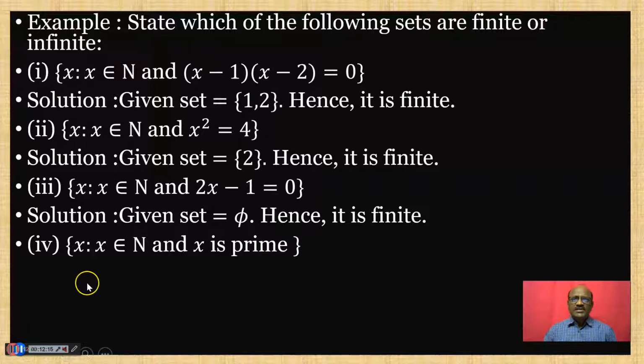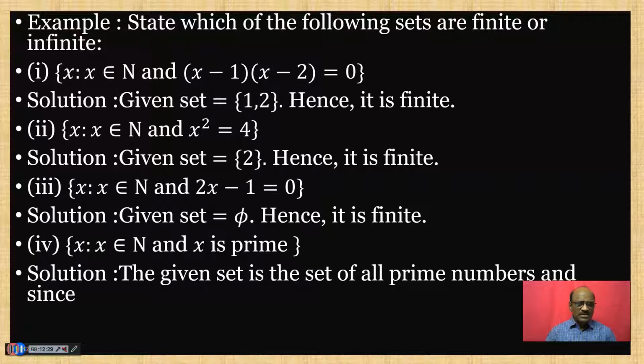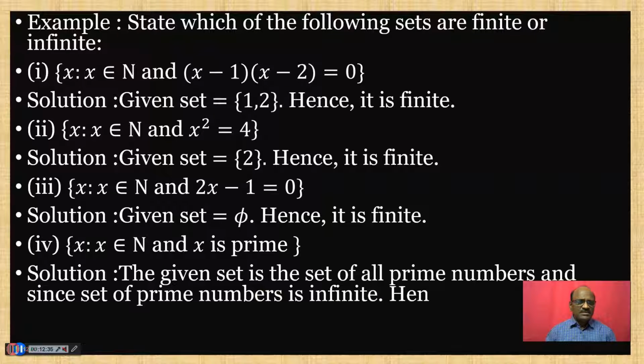Now the next: x such that x belongs to the set of natural numbers and x is prime. Solution: the given set is the set of all prime numbers, and since the set of prime numbers is infinite, the given set is infinite.